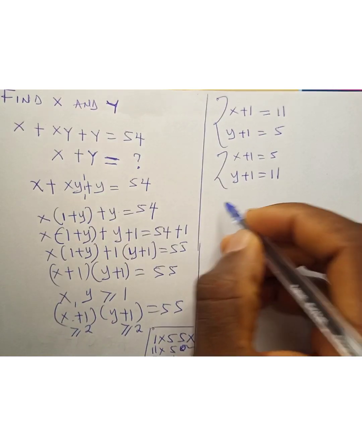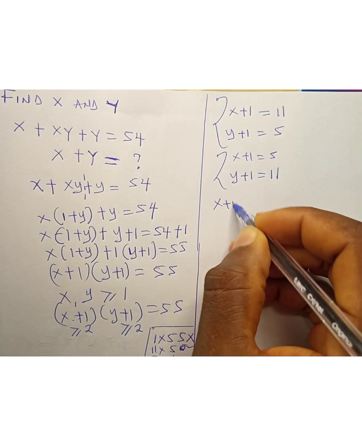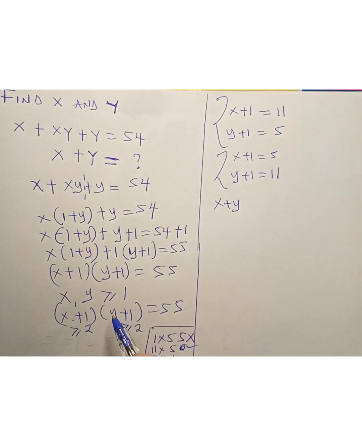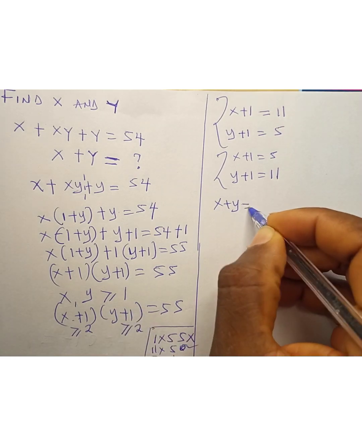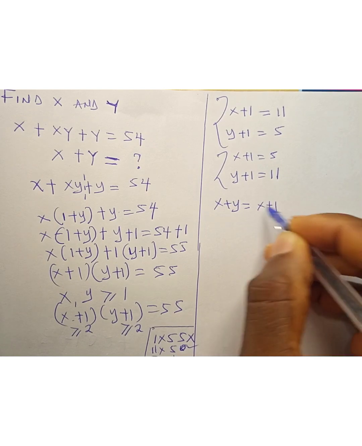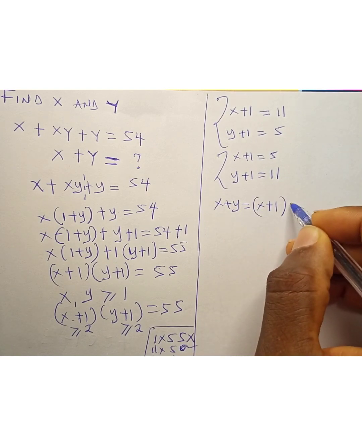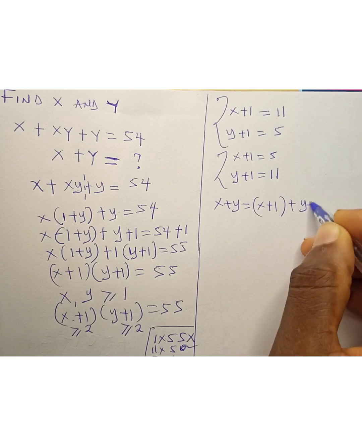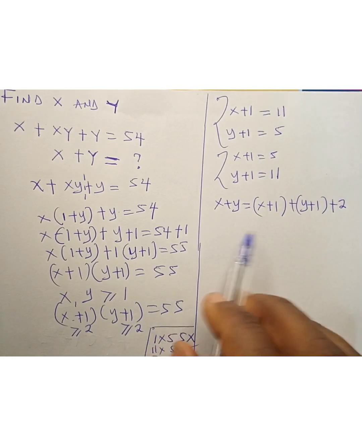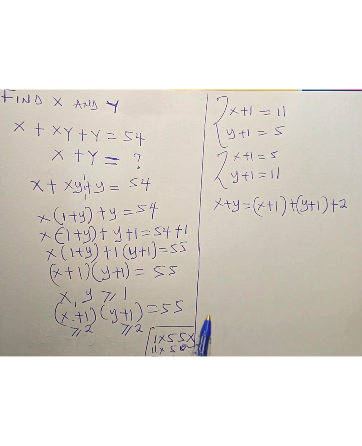But we are asked to find x plus y. The original question said we should find x plus y, which is what we don't know. So to find x plus y, we can add 2 to both sides: x plus 1 plus y plus 1 minus 2. Nothing has changed.